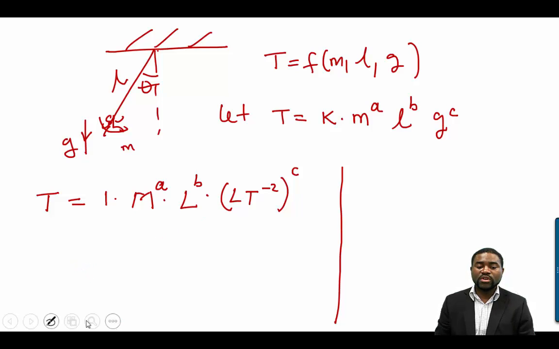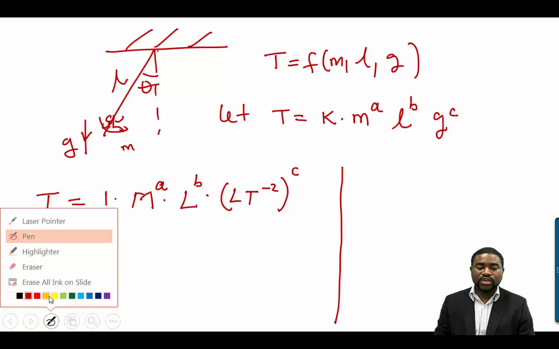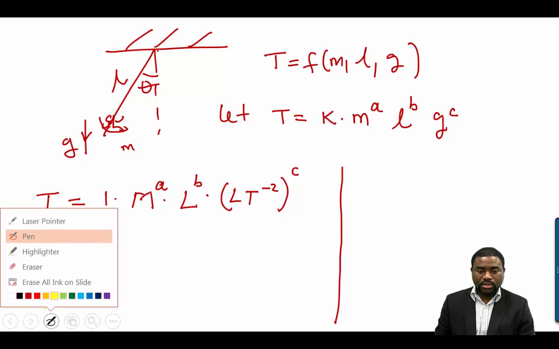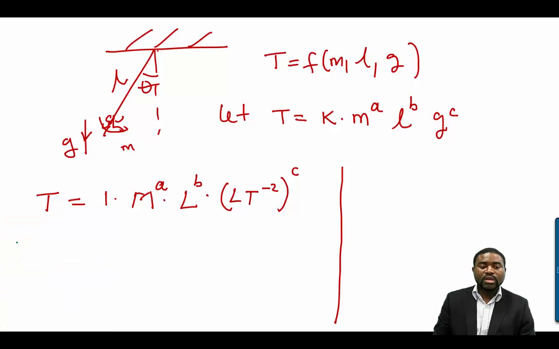Right? I'm going to do something which is very logical and sane. Let me use green. I can look up, there is no M on this side and there is no L. So if I add an M on this side, it will be raised to the power 0, because anything raised to the power 0 is 1.